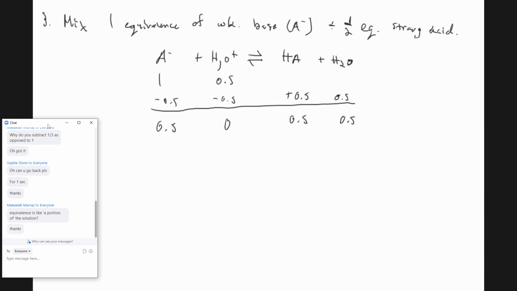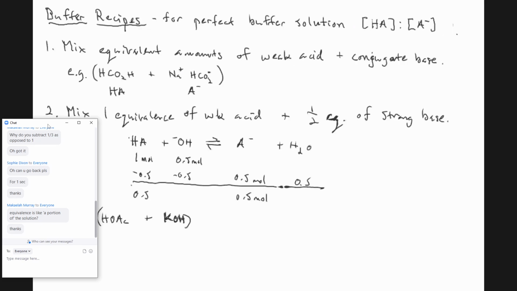Oh, so I was asked to slow down. I did. I just didn't bother to carry the work down. I did add 0.5 moles of water on the second one. I just didn't carry the work down because what we care about to make a buffer is to have equal amounts of conjugate acid to conjugate base. And I just wanted to show that the conjugate base to conjugate acid was 1-to-1.